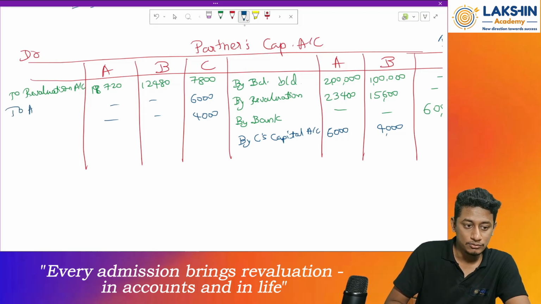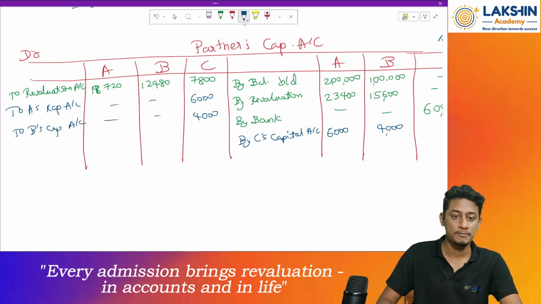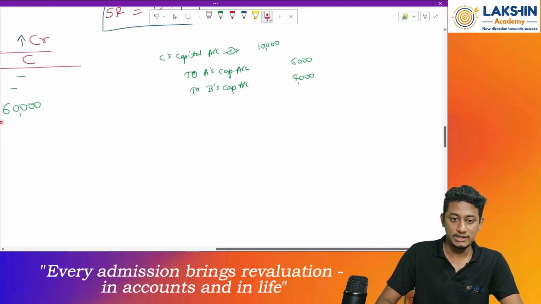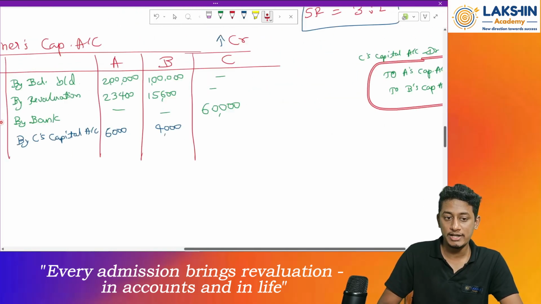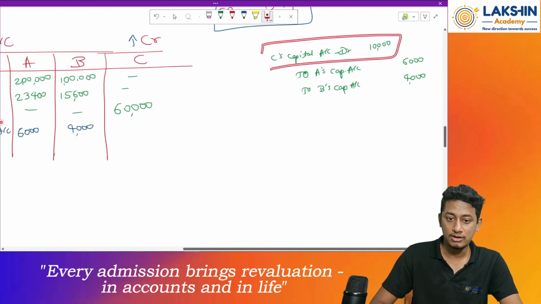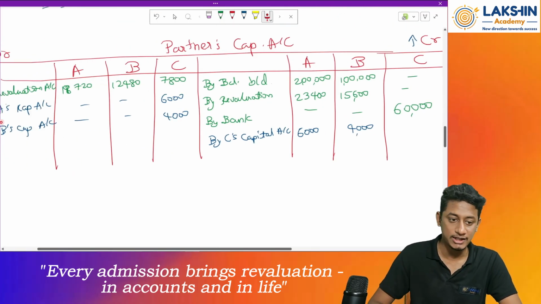What will the entry be? To A's capital account, to B's capital account. Those people who want to memorize: to A, to B. If I have to write the journal entry, to A's account, to B's account, and over here by C's capital account, C is debited. Clear? This is how you pass the entry.